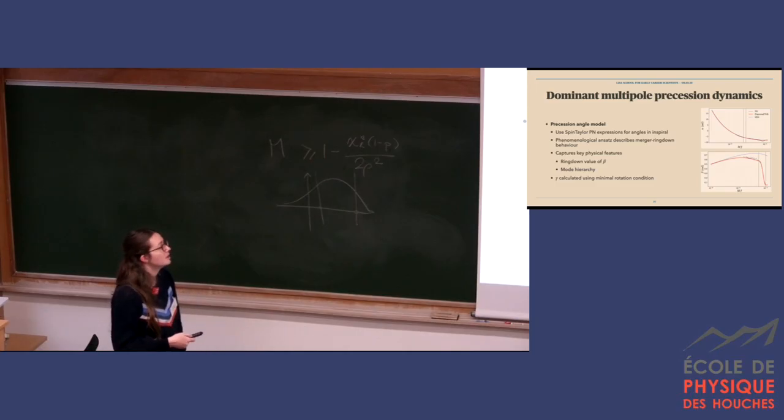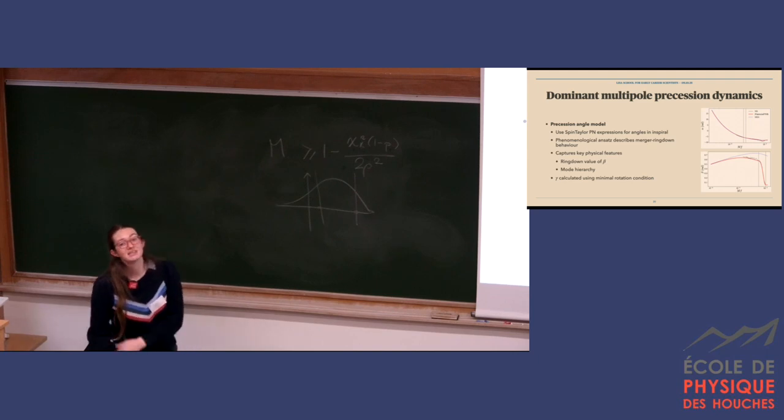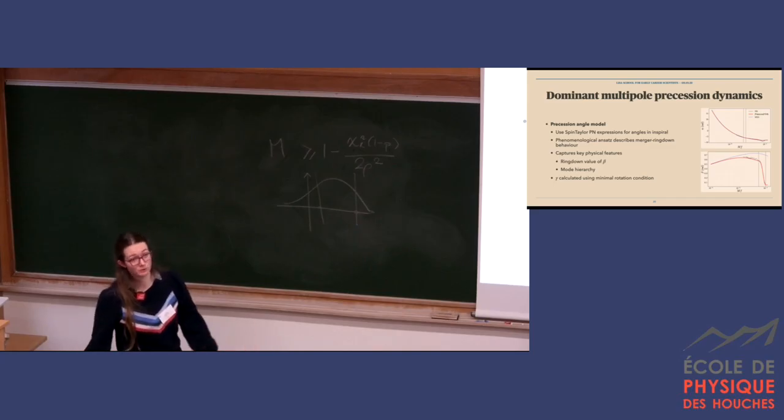We can use a variety of different prescriptions for the post-Newtonian part. This is where, as I said, things start to get complicated, because there are a set of closed form expressions which describe these angles.